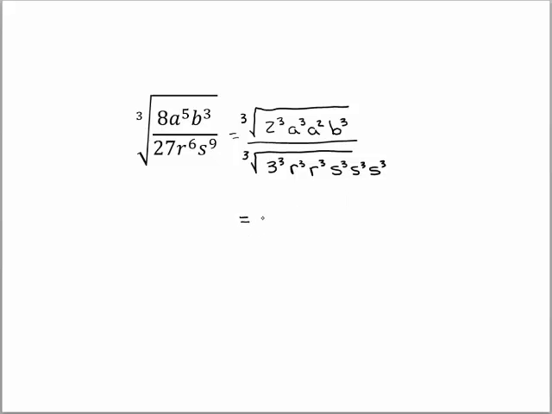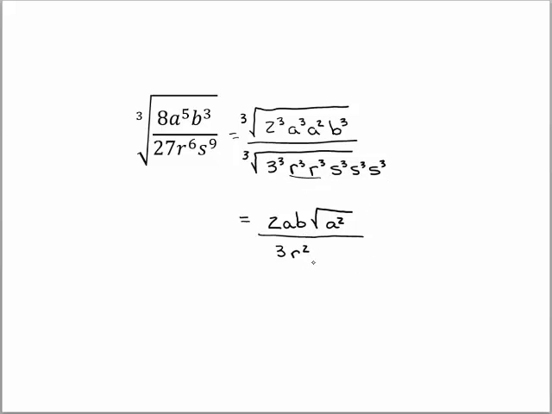Let's see what we can do with it. We can bring the 2 out, we can bring the a out, and we can bring the b out. What we have left in there is a squared. Now on the bottom, we bring out 3 and r squared, because we have 2r to the thirds.